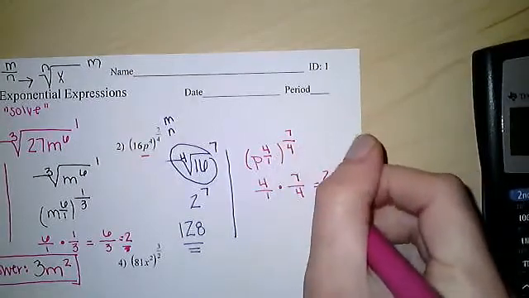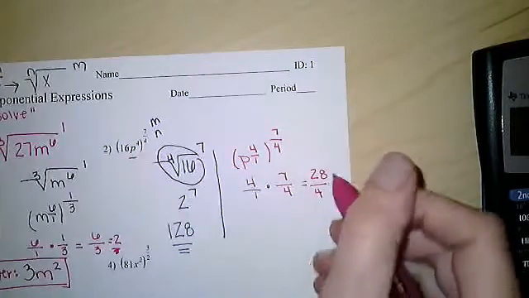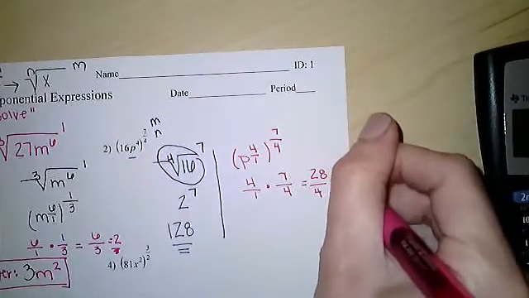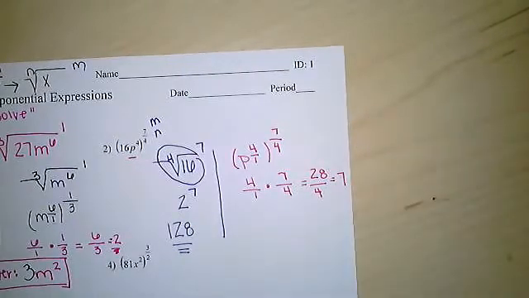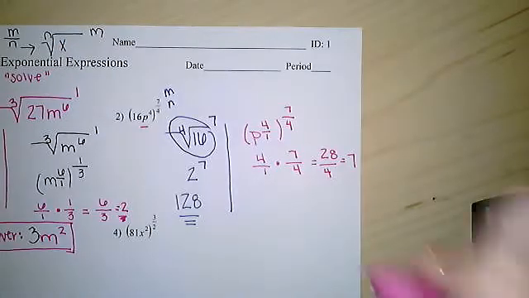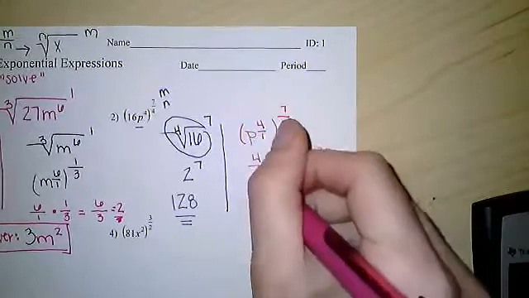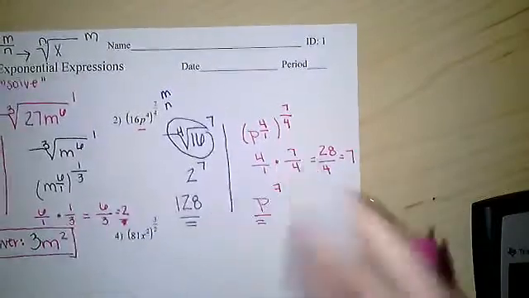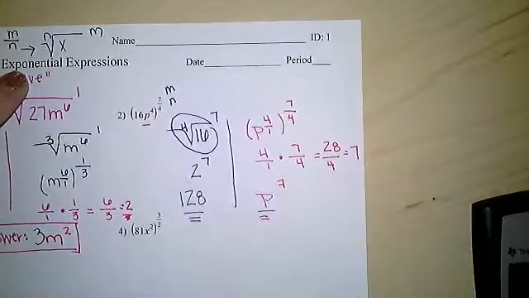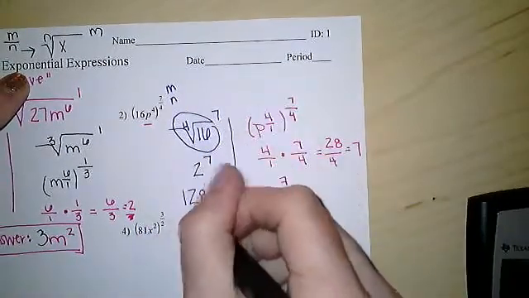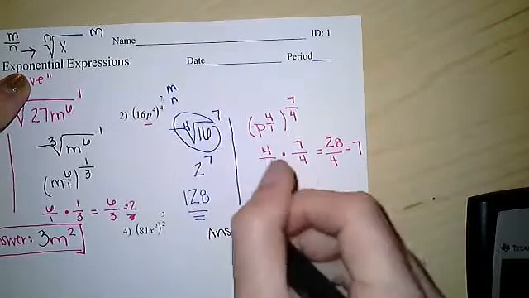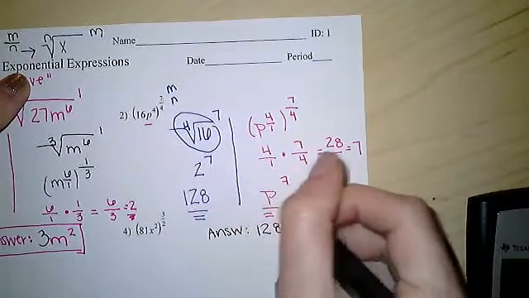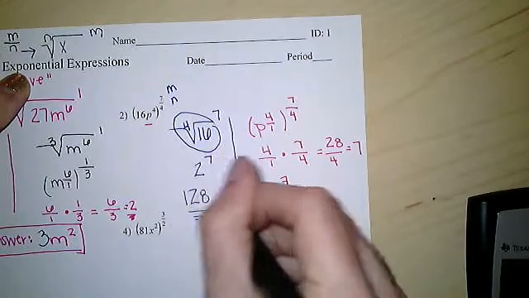And 1 times 4, which is 4. That reduces to 7, so you can always check in your calculator. So our new power of p is p to the 7th. So when we go to do our final answer, you can either just circle all of that, or you can write out 128 p to the 7th.